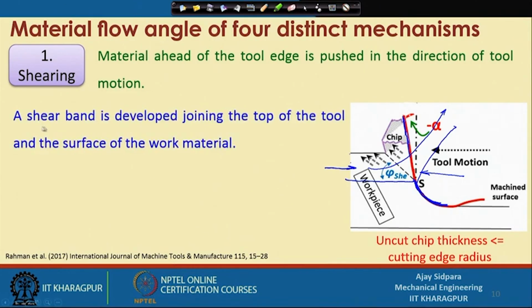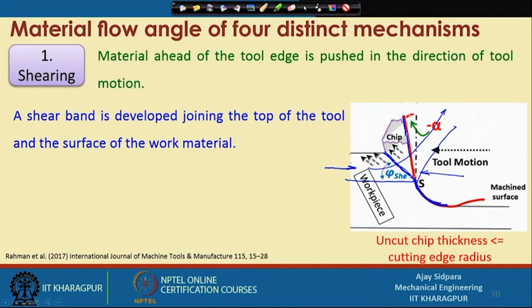So now a shear band is developed joining the top of the tool and the surface of the work material. So this is a shear band, the one shear plane it will generate, because it is not located very easily. Everything depends on the depth of cut, the feed at which you are moving the workpiece, and the RPM of the cutting tool.